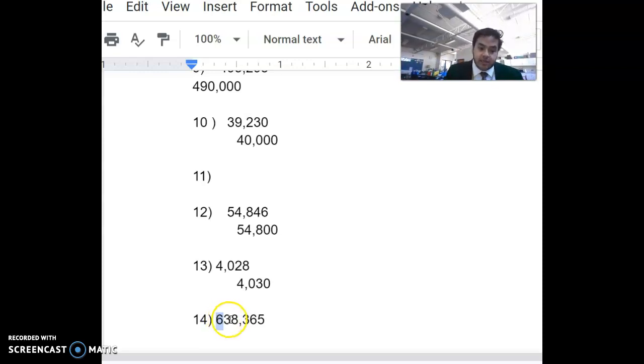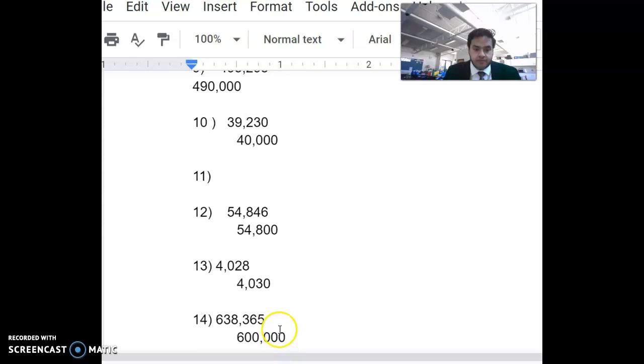I see that it's a 3. If it is 4, 3, 2, 1, or 0, the number stays. So the 6 is going to stay. We're not going to change it. And everything after the 6 becomes zeros. 6, 0, 0, 0, 0.